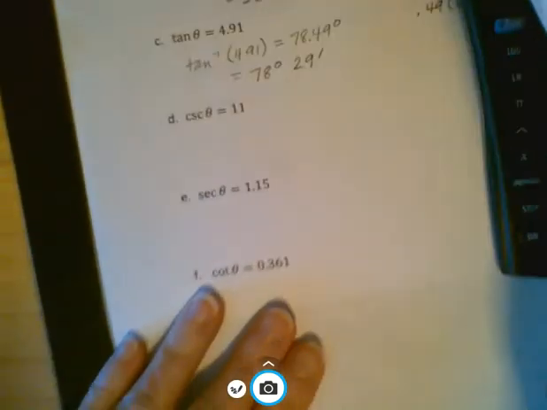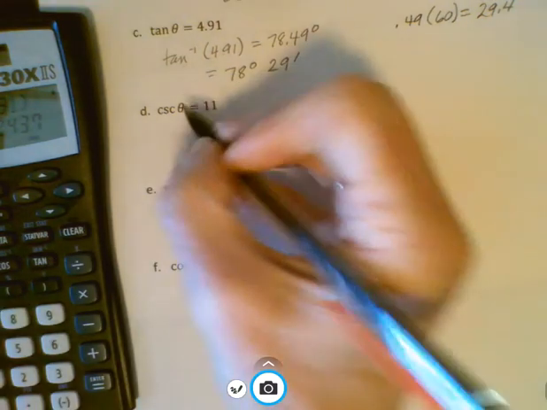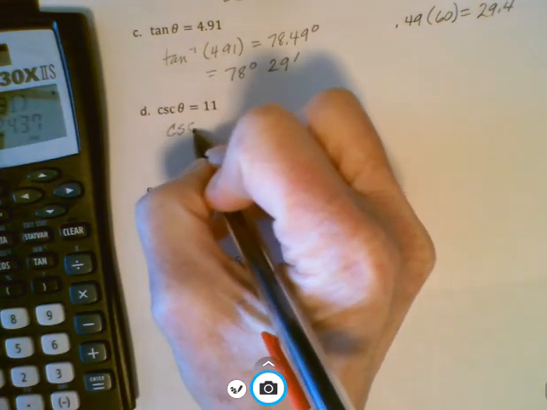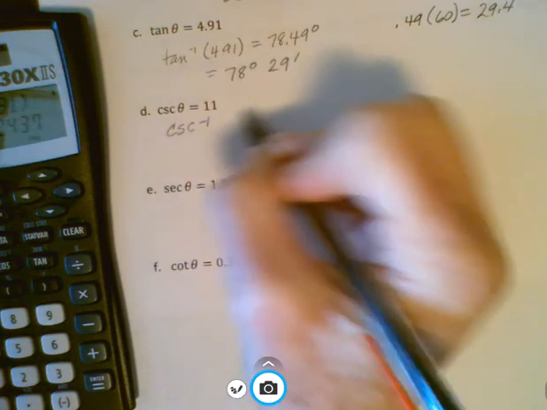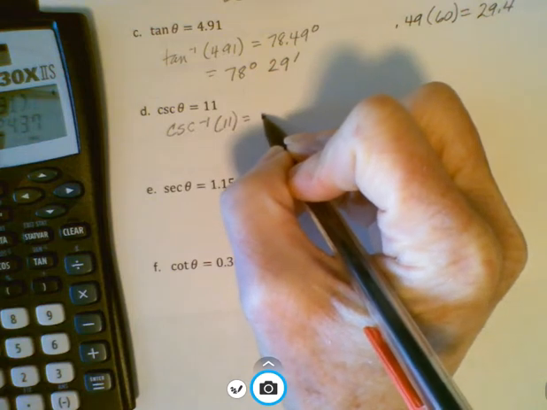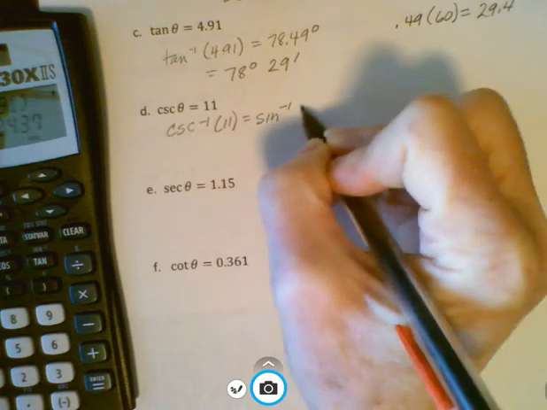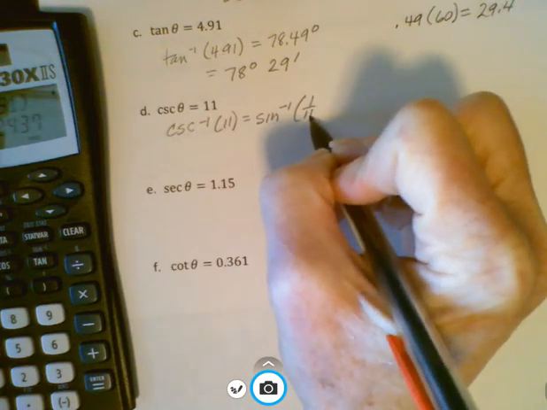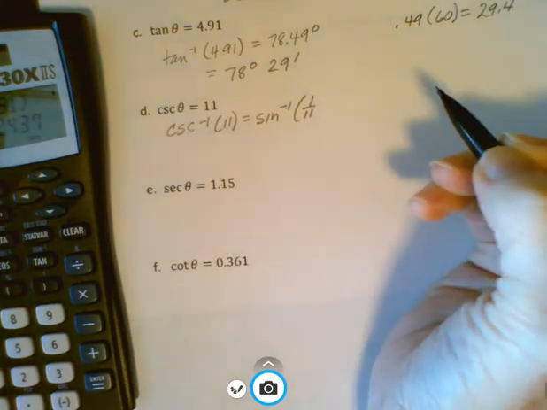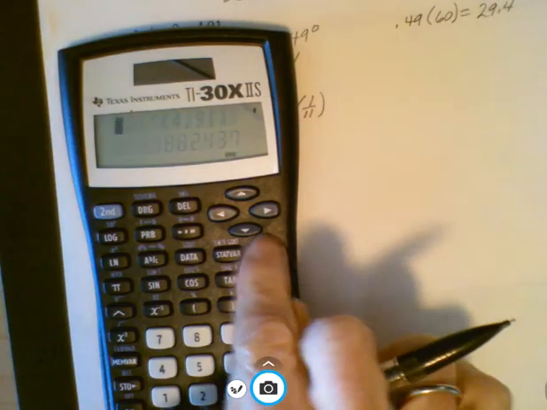Cosecant inverse of 11. Now this is what we have to look back at because this is new to us. Cosecant inverse of 11 is equal to which one? Sine inverse of 1 over 11. Remember, it was 1 over a. So what is that?